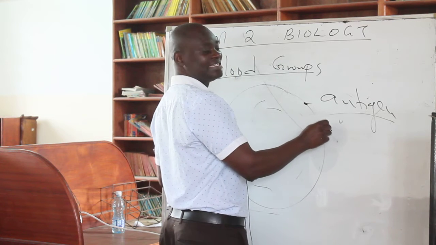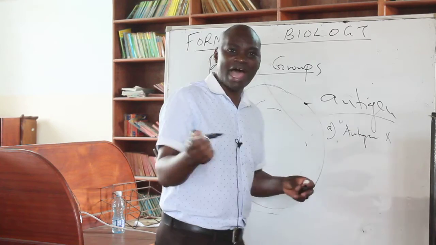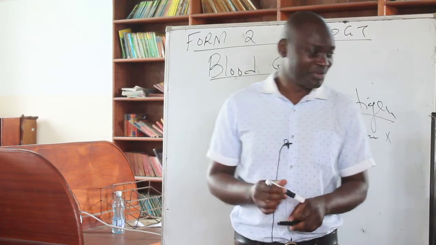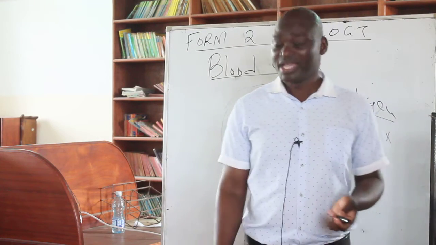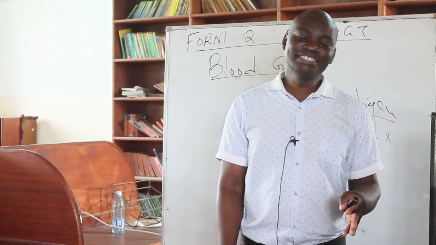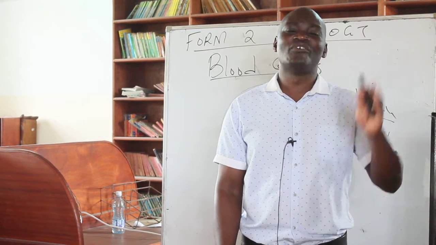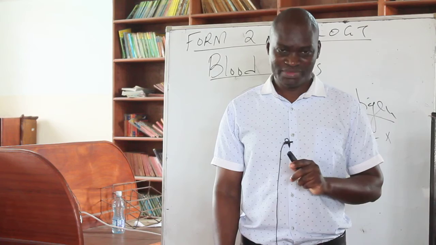So we have antigen A and antigen B, capital letters, the way you can see them on the screen. Antigen A and antigen B. These are proteins that are found on the plasma membrane of the red blood cells.